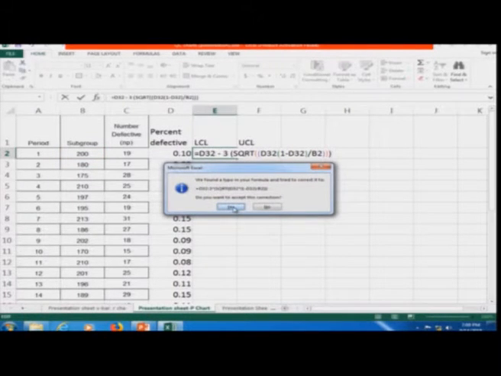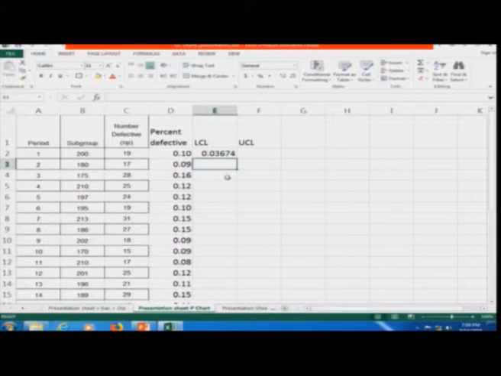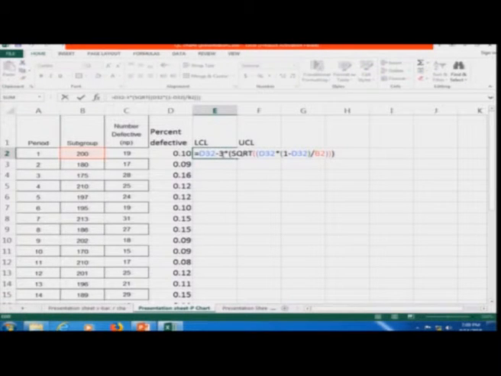We found a typo. Let me check it again: it is P bar minus 3 times the square root of P bar into 1 minus P bar by n, n is the subgroup size. Okay, this formula is complete. Let me put a dollar sign to lock the value of P bar.